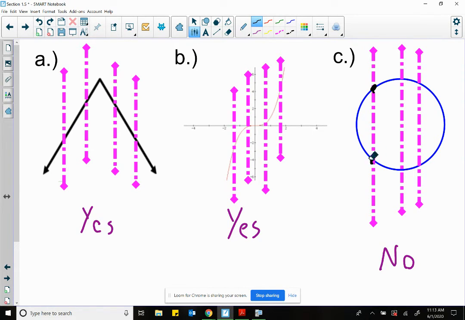See? 1, 2. 1, 2. 1, 2. Technically, I could have stopped after 1 vertical line because the moment you hit it more than once, you're done. It's not a function. No need to keep drawing stuff on there. But you can see the vertical line test working. This is not a function. Circles are not a function. Okay? And there you go. Easy peasy.